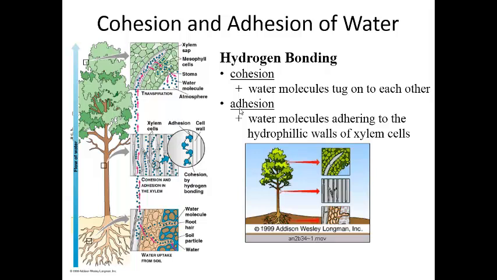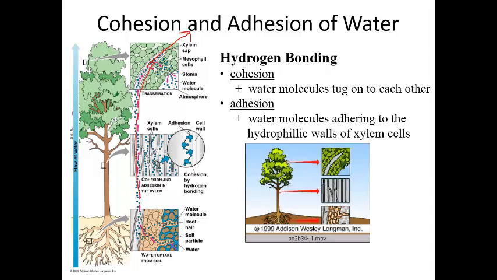So within the xylem, the water molecules are stuck to each other. They're also stuck to the walls of the xylem itself. Water is going to evaporate or transpire out of the top of the plant. Since the water is evaporating or transpiring, and because all the water molecules are stuck to each other through cohesion and stuck to the walls of the xylem through adhesion, as the water transpires or evaporates, the water in the xylem is going to be sucked upward.